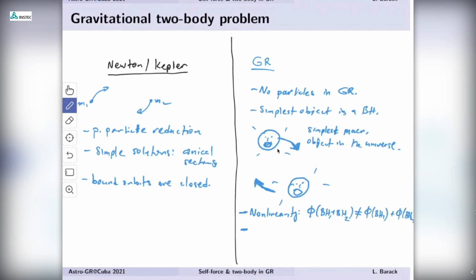Sorry, Leor. Here I'm getting this kind of message. Instek would like to speak. If you would like to speak, speak simply. Yes, Salon Instek. Hi, can you hear me? Yes. Okay, I have a question. When you are going to solve the impact between two compact bodies in three-dimensional space, why do you prefer to solve this problem using the Newton-Kepler equation or GR?